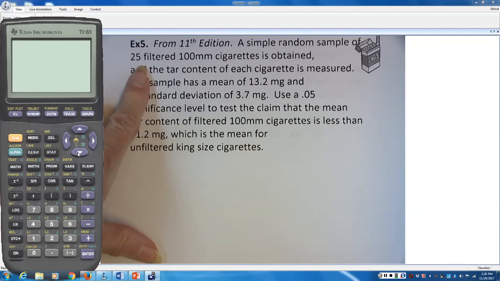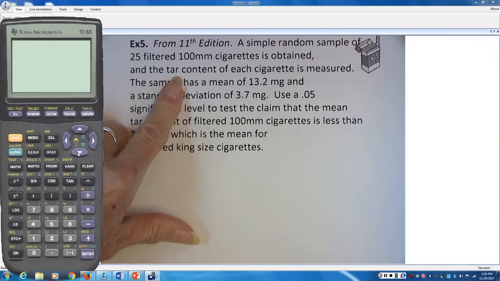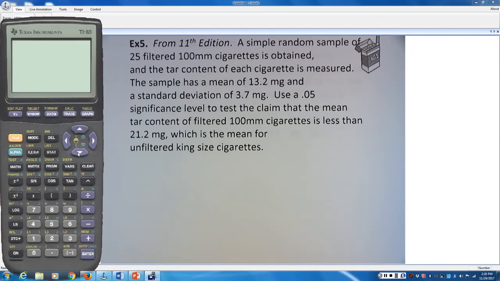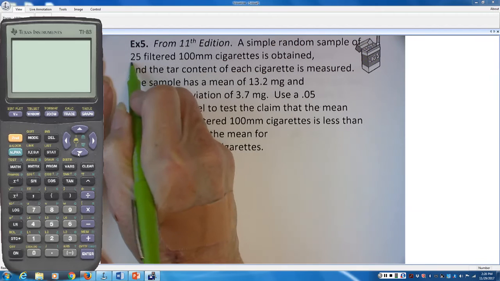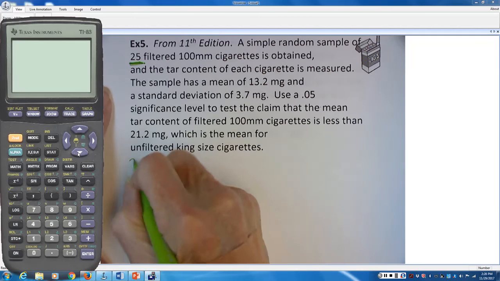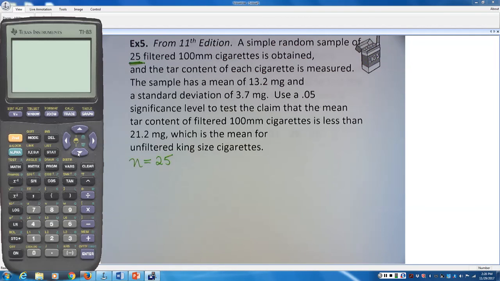A simple random sample of 25 filtered 100 millimeter cigarettes is obtained and the tar content is measured. Okay? We've got a value for N. Sample of 25. That's not a very big sample. The tar content of each cigarette is measured.